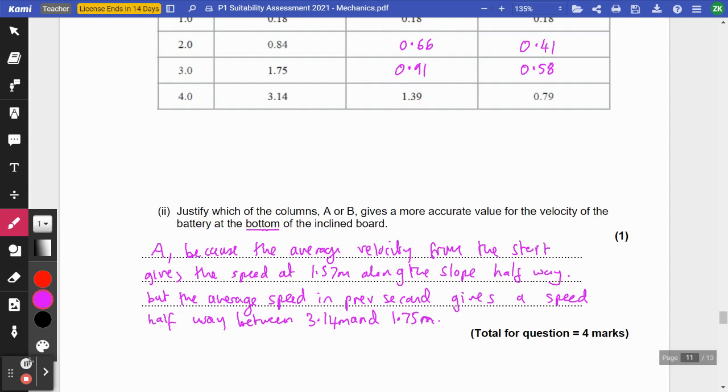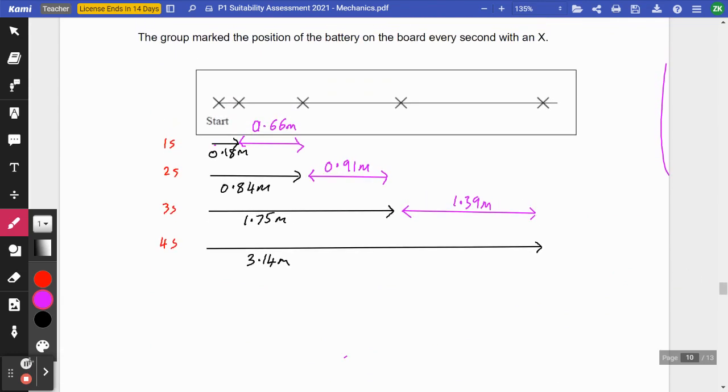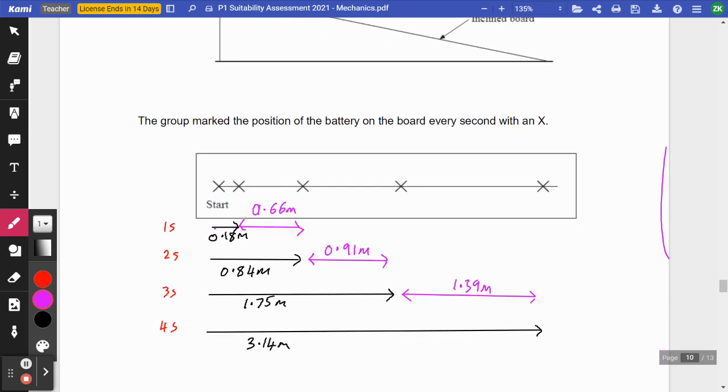Because of these two values, 0.79 and 1.39, which one's more accurate? So 0.79 is the actual velocity halfway through, because we've taken the total distance divided by time, that's somewhere here. So we've got the speed halfway. On average, because it would be less than that value and more than that value for the same duration in time.